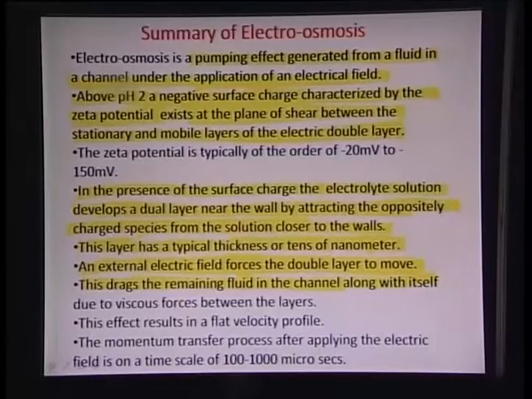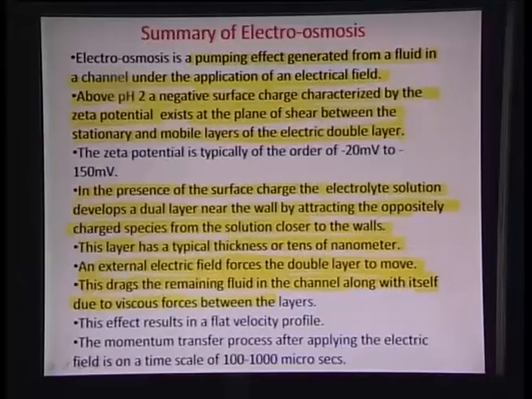So they have a uniform velocity while they flow, and this drags the remaining fluid in the channel, because charge motion in a very small channel essentially means a lot of drag forces generated across the ions. These are also due to the viscous forces which exist between the charged particles and the fluid, and therefore, due to these viscous forces, the layers start moving the whole liquid which they are suspended in.